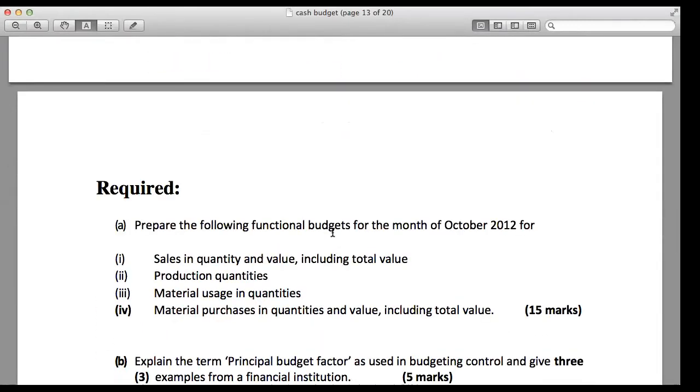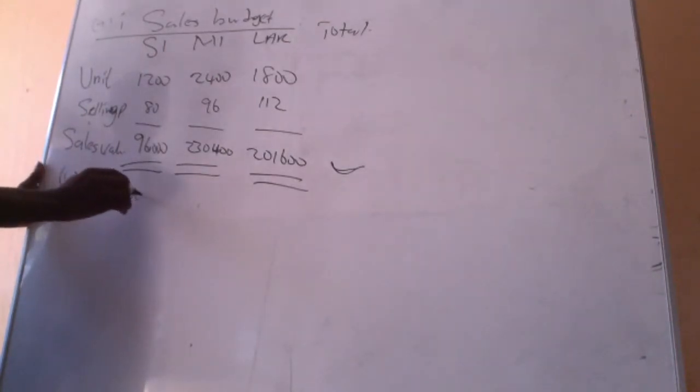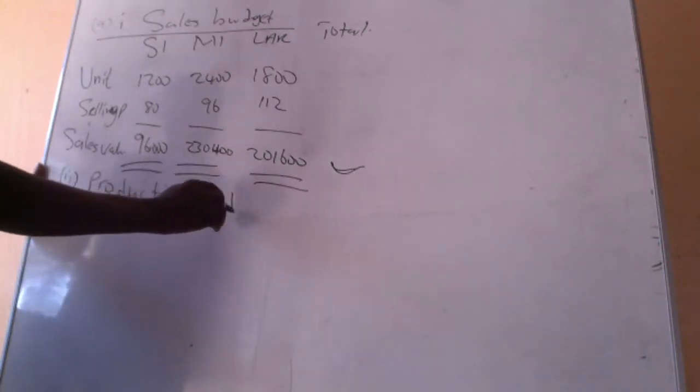Now that we know that we can sell 1,200, what should be the units that we should produce in order to sell that 1,200? So the next one will be the production budget.